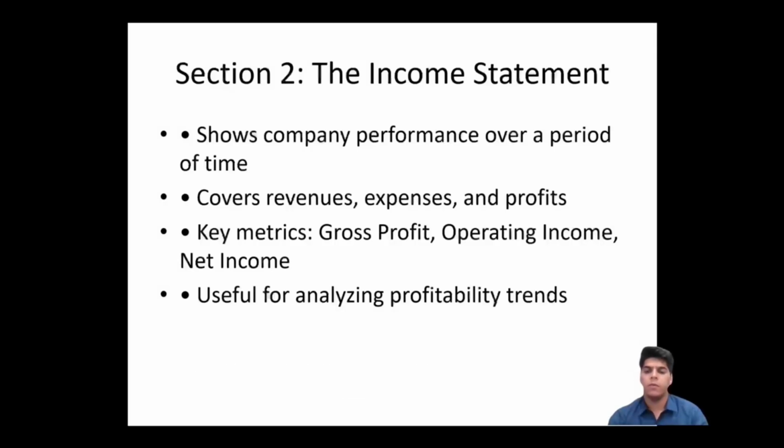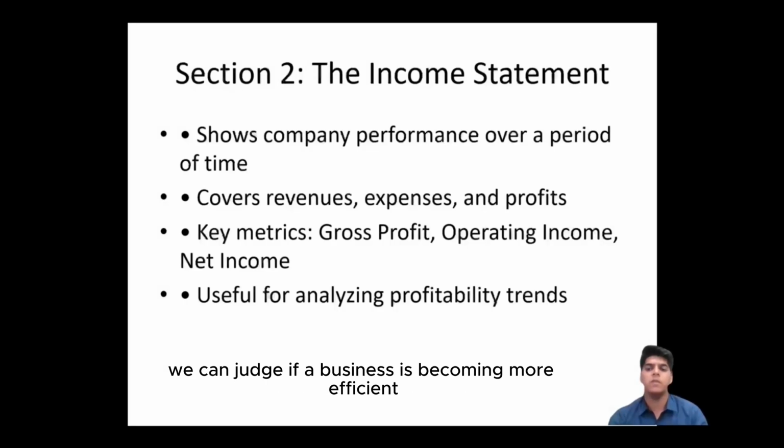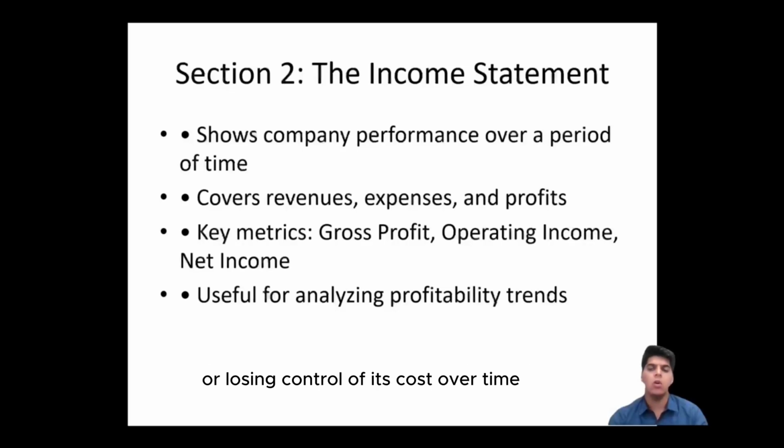Net profit, which is calculated after deducting interest cost, finance cost, and taxation, reveals how much remains after all costs. By studying trends in profit margin, we can judge if a business is becoming more efficient or losing control of its cost over time.